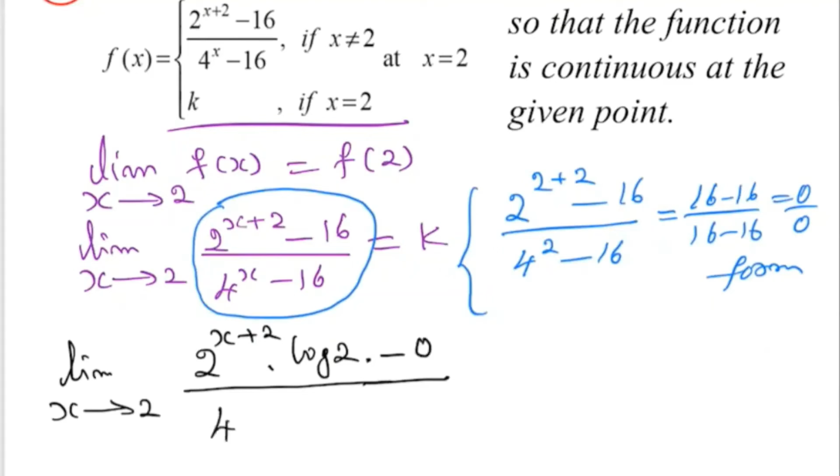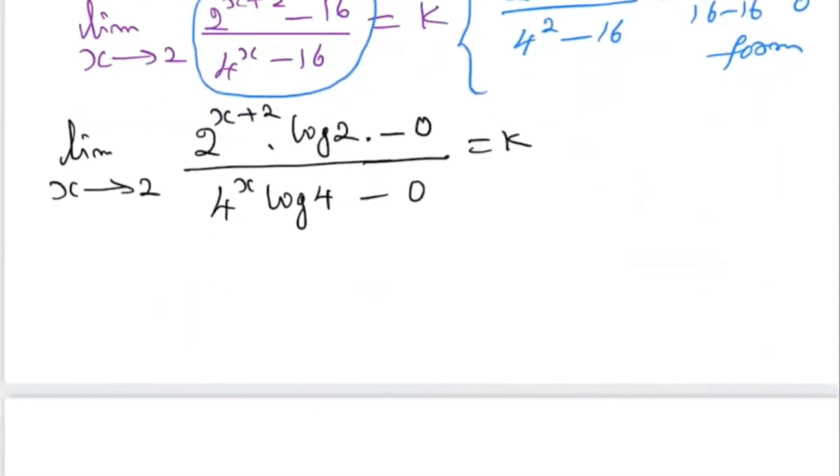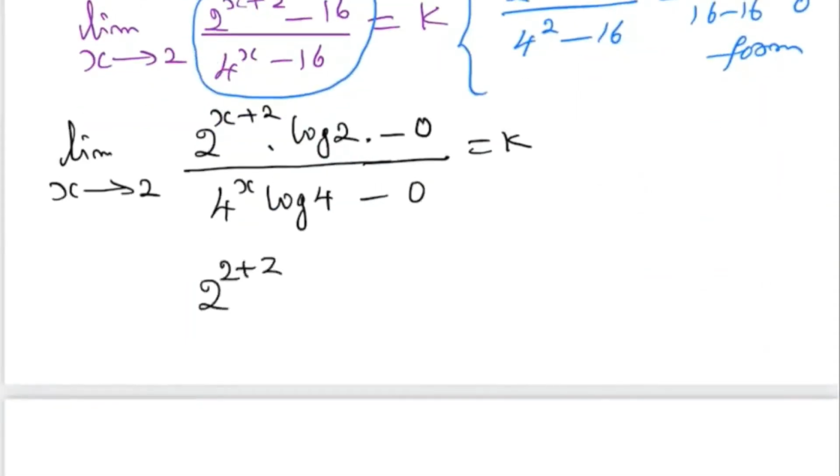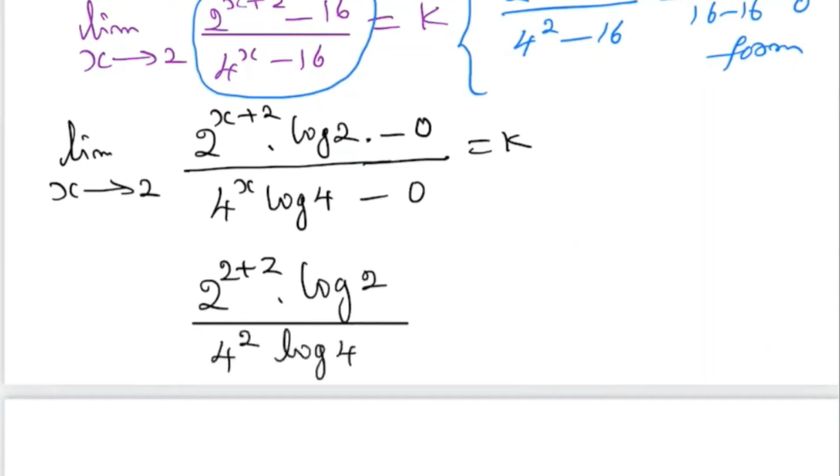Derivative of 4 power x is 4 power x into log 4 minus 0 equal to k. Now we shall replace x by 2. 2 power 2 plus 2 log of 2 upon 4 power 2 log of 4 equal to k.